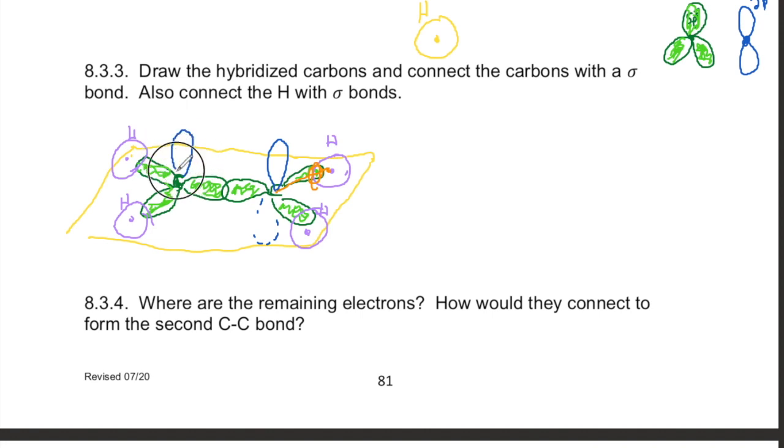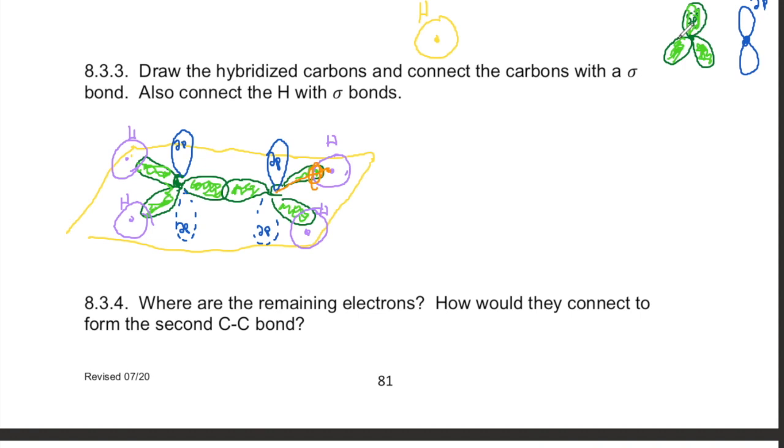So let's draw those. Here's our 2p orbitals above and below the plane. So it's important to point out that this 2p orbital, this is just one orbital. Even though there are two pieces, there's two lobes, that's how a p orbital looks. So this is one 2p orbital.